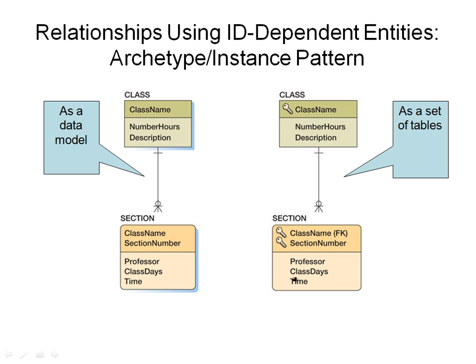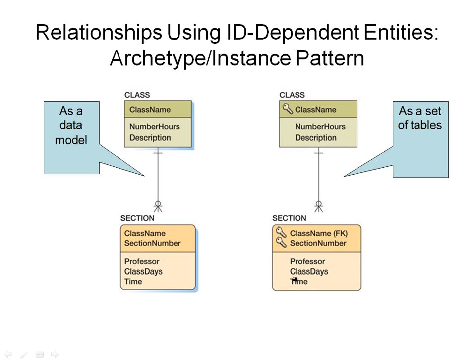For the archetype, for example, the class with a section, each class has 3 or 4 sections. For example, the math. In the math department, they have the math 1033. They have almost 36 sections, maybe more, I don't know.